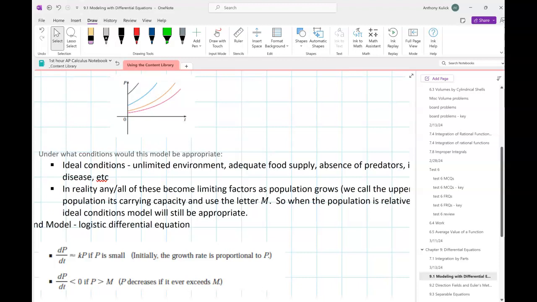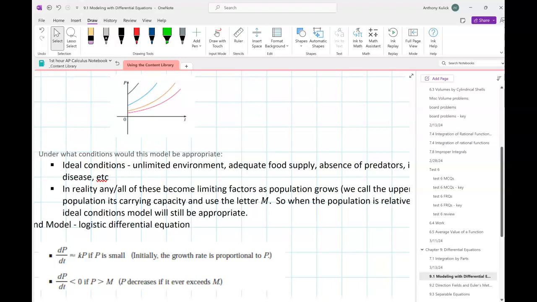Now as population grows, what's going to happen to those things? Run out. Right, predators increase because if you have more things to prey on, you're going to have more predators. As your population grows, you're going to have depleted resources. So really what ends up happening is you get something that behaves asymptotically, like you get to a carrying capacity and then your population can't grow anymore because you're just at the capacity of your environment, right?